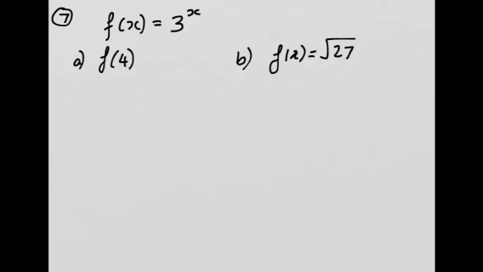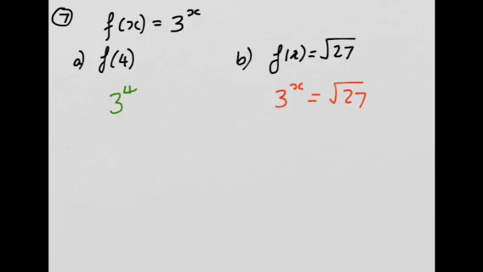Question 7, first of all we've put 4 into the formula, so it becomes 3 to the power 4. And the second part, which is a wee bit trickier, this time we've got the formula which is equal to a number. So let's put the formula 3 to the power x equal to the value root 27.